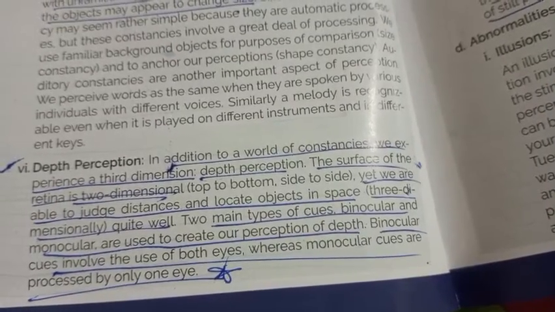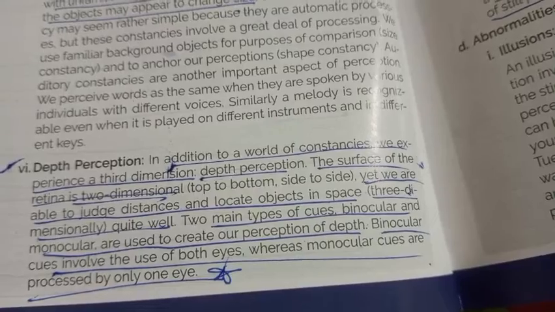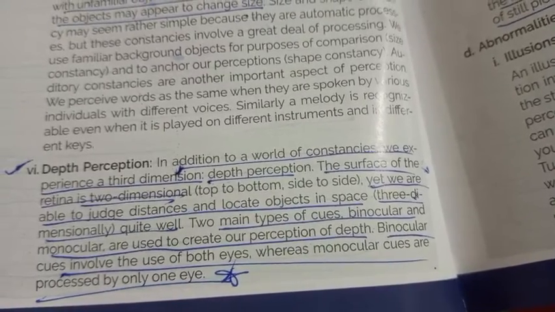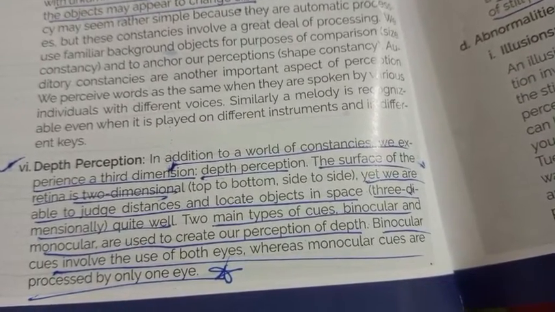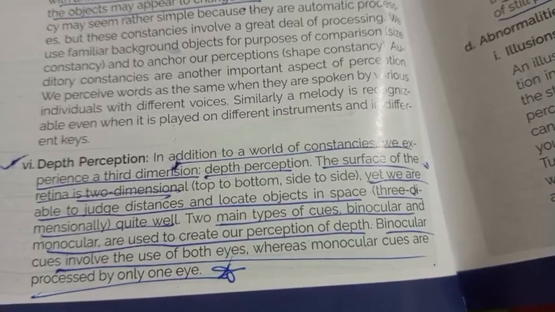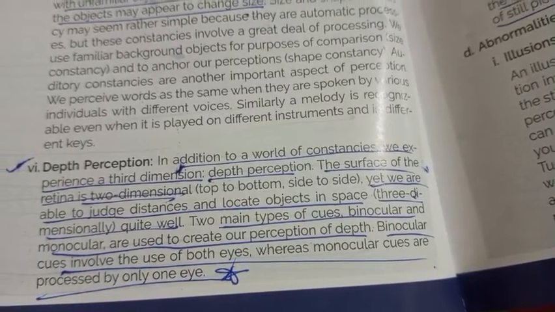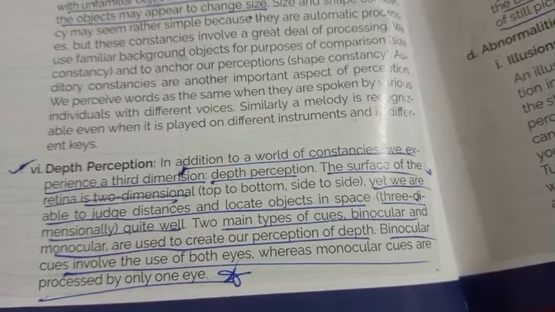Two main types of cues, binocular and monocular, are used to create our perception of depth.